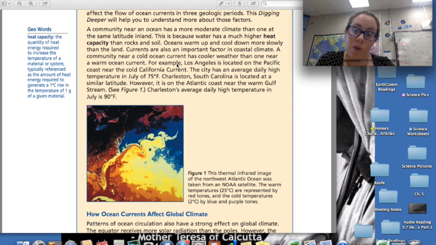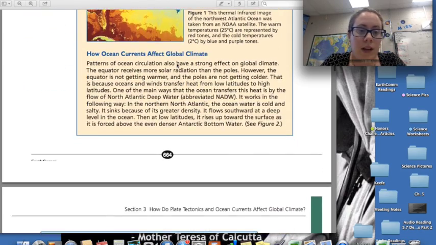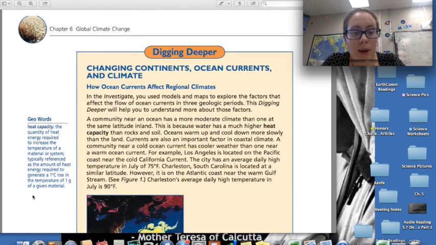And at the same time, Bangor will be much warmer during the summer, and it will be cooler here because the ocean is 50, 60 degrees or so during the summer, and it will be cooling us down. Let's read on. Oh, and heat capacity.